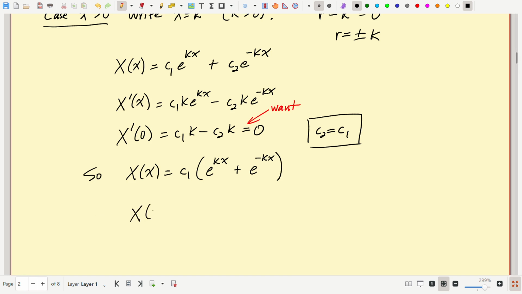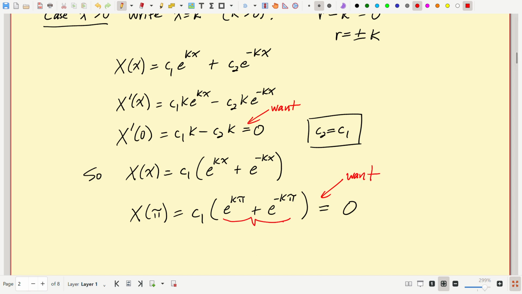X at pi would be c1 times e to the k pi plus e to the minus k pi. And I want it to be equal to 0. But this thing is definitely not 0, because those are 2 strictly positive things. They're both bigger than 1.